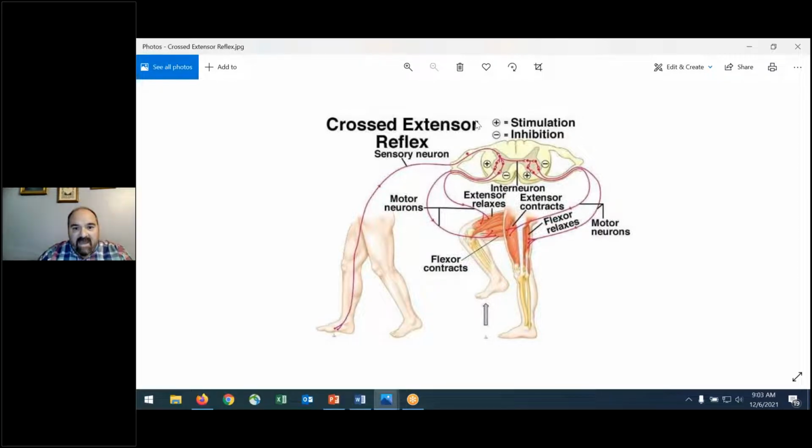But you'll see here that stimulation and inhibition. Well, why do we show that there as far as positive and negative? Why are we showing that? Well, understand that if one lower extremity, and this is for balance issues and such, so that you don't fall to the ground, okay, you'll see here that the right leg is going to immediately, touching something very sharp or very hot, right?